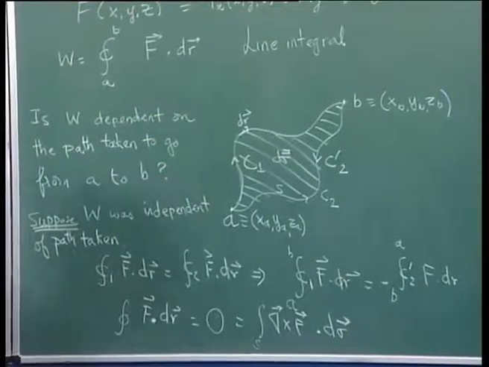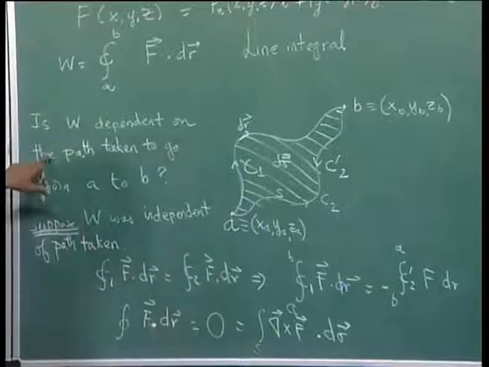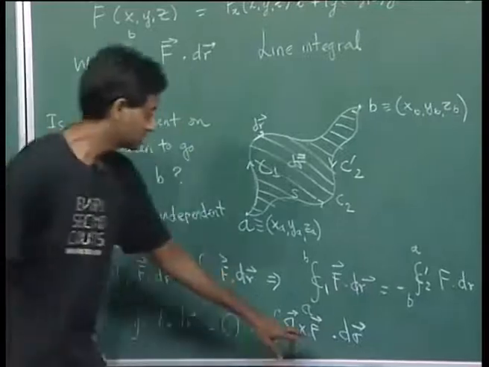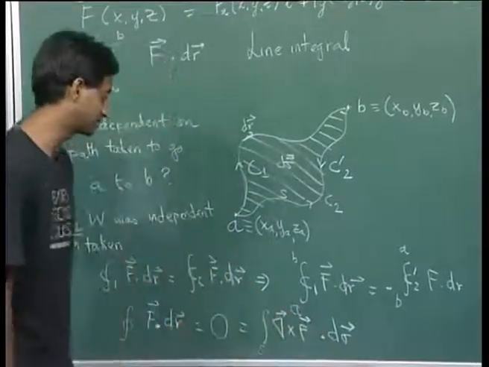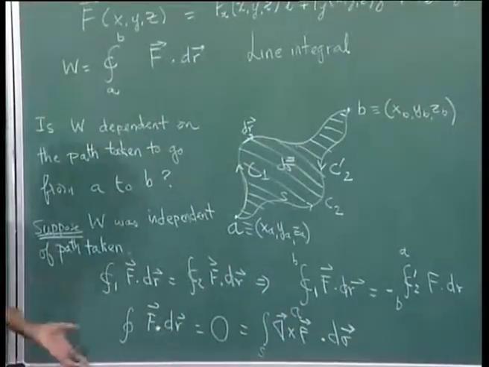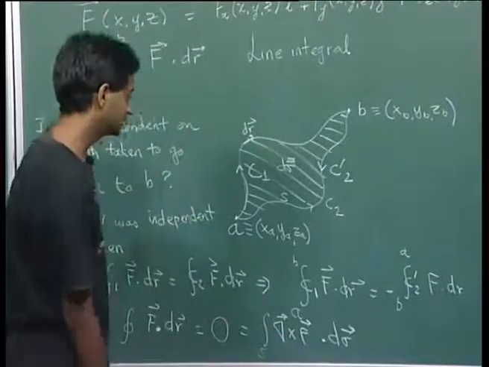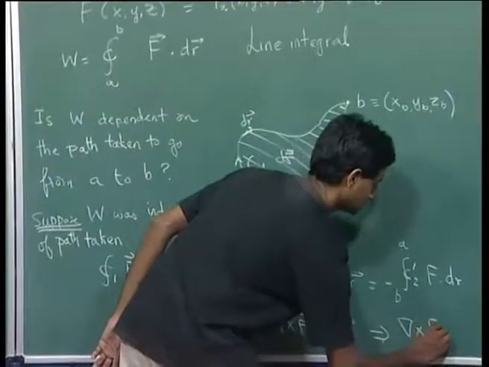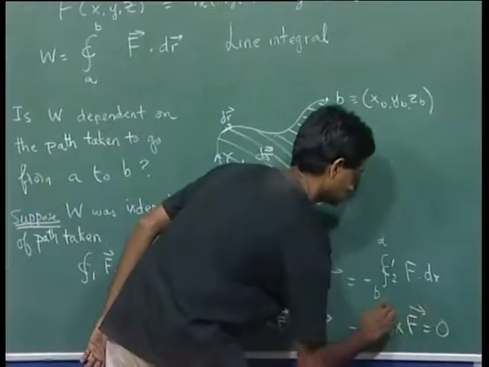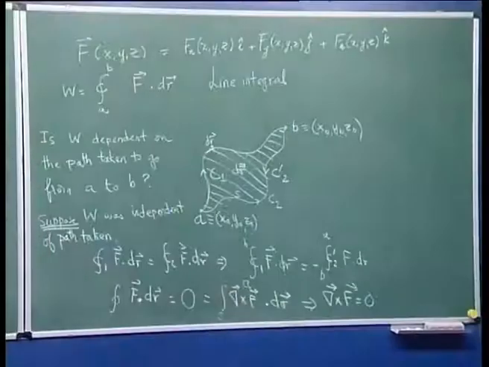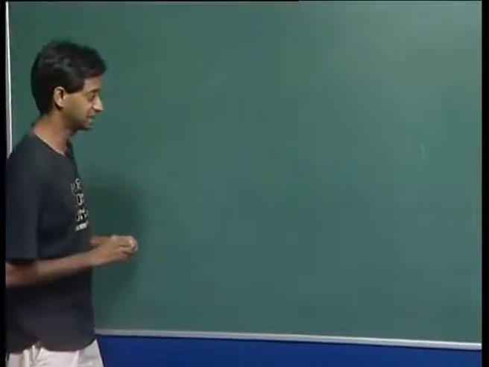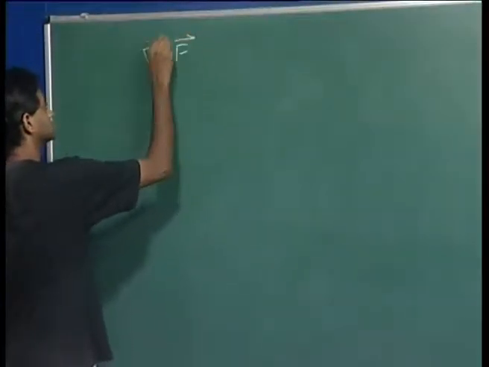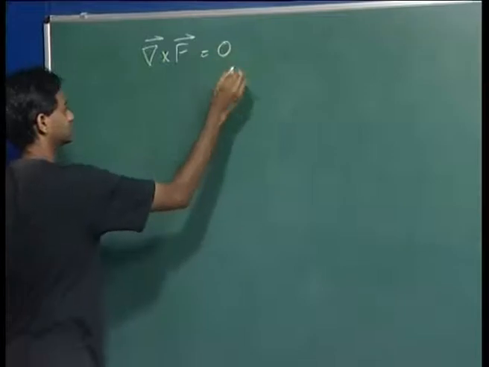Now since we said that if work is a path independent function, you can choose any path, your surface can be completely arbitrary. If this is to be true for all possible surfaces, then this implies del cross f equal to 0. So the condition for path independence is del cross f equal to 0.